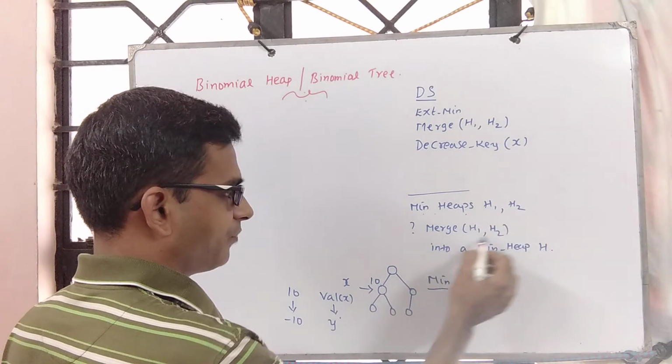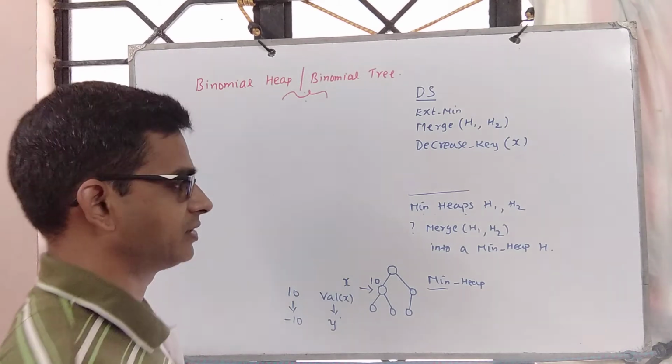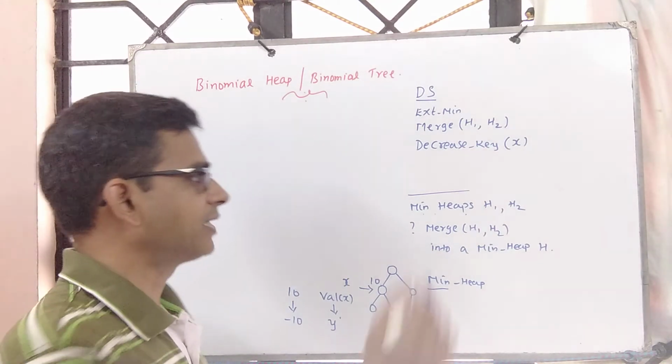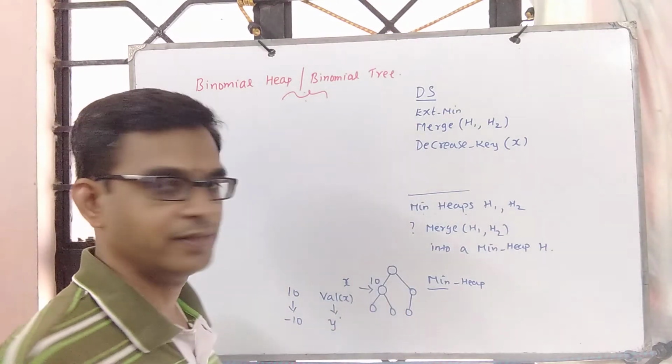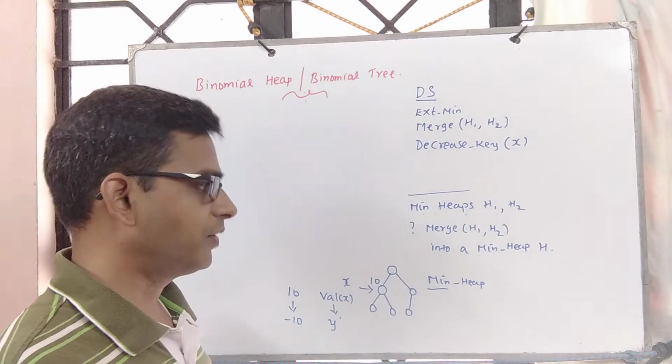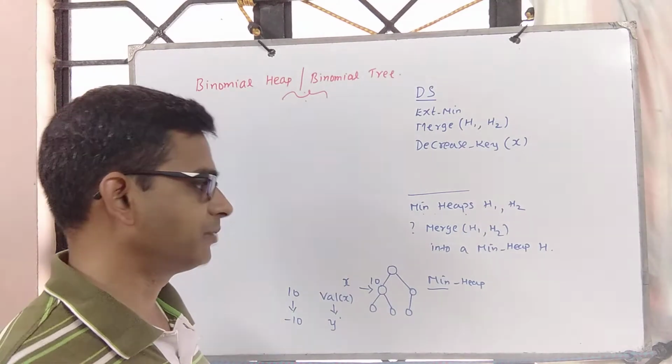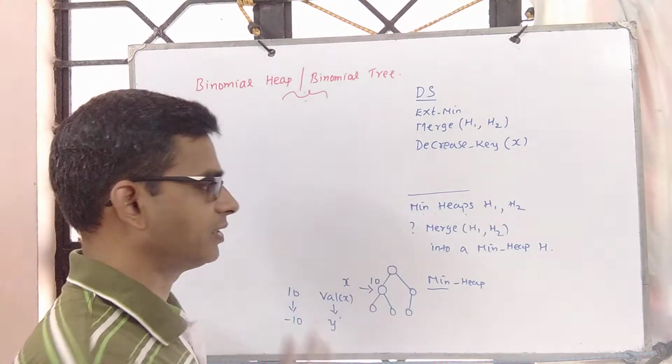How efficiently can we perform this? So the idea is this: can I use existing data structures and answer these three questions efficiently? If not, can I look for some other variant or discover something new so that all three can be answered efficiently?